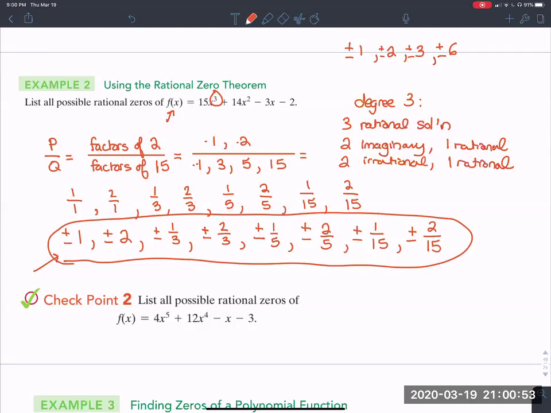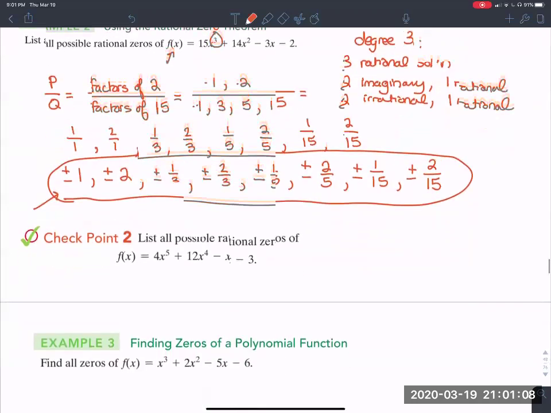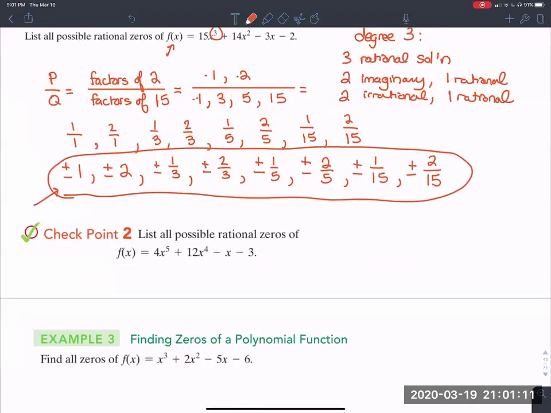Okay, so let's look at checkpoint 2. The potential rational solutions are P over Q. P are factors of 3, over Q, which are factors of the leading coefficient, which is 4. So my factors of 3 are 1 and 3, and factors of 4 are 1, 2, and 4.